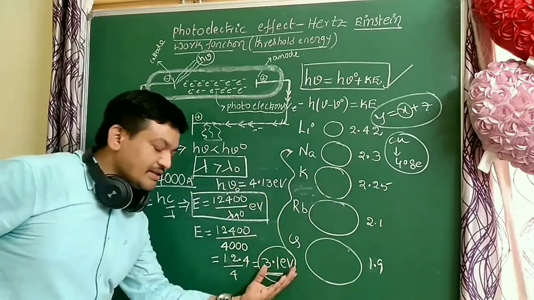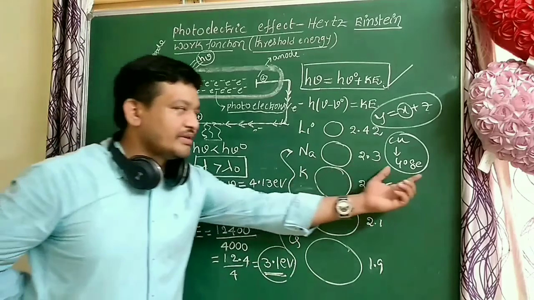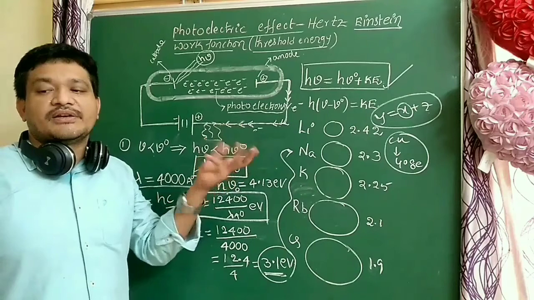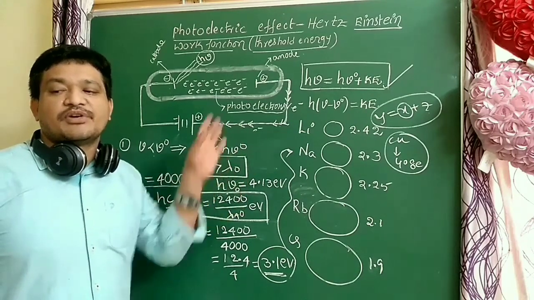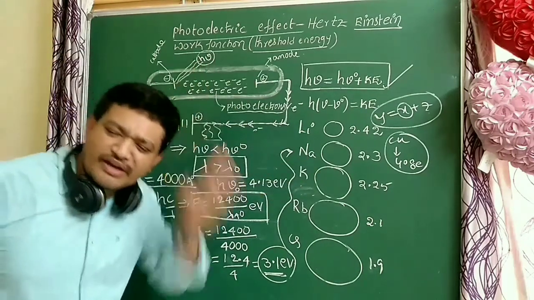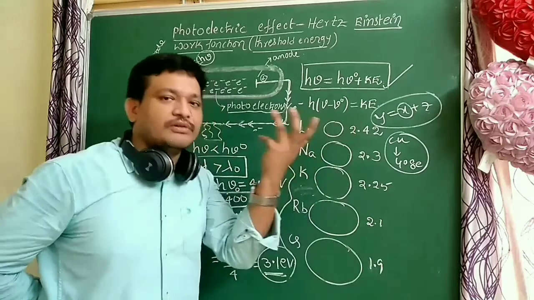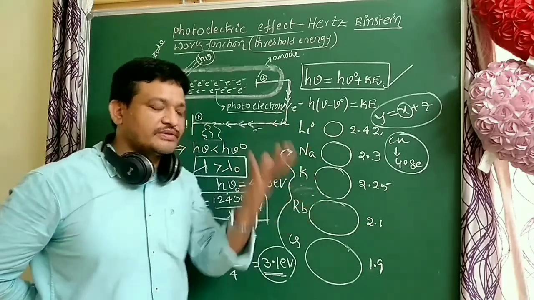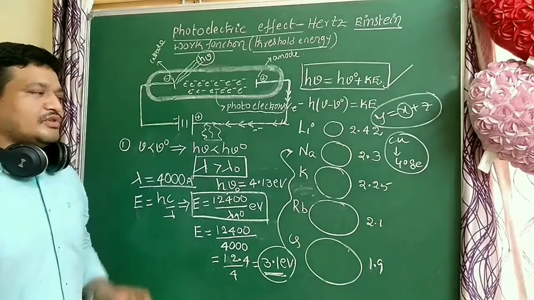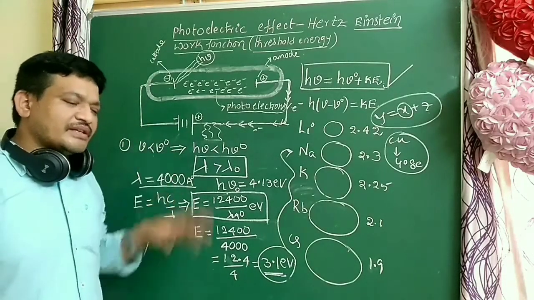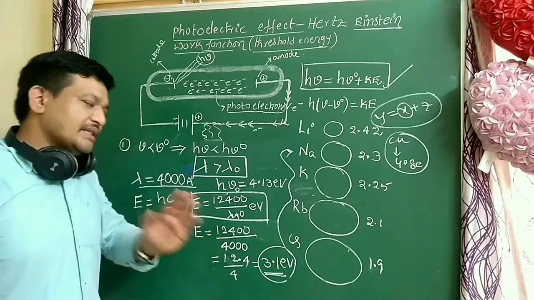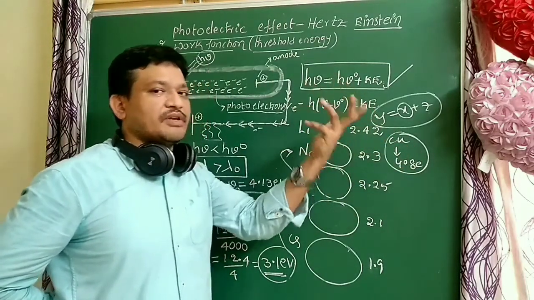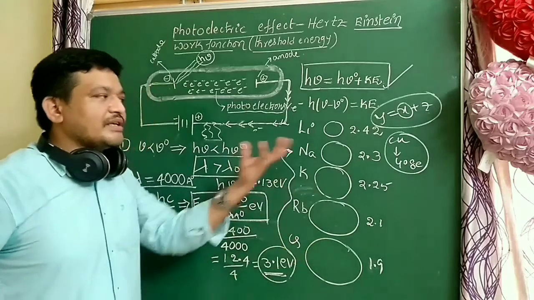It is very less compared to that energy. So on copper metal, electrons are not released. Even if this light falls on the copper metal from morning till evening, electrons are not released. That is very, very important, students. Even if this light falls on the copper metal for 2 days, 5 days, 10 days, 20 days or 1 year, copper metal can't release the electrons. Why? Because that energy is very less.